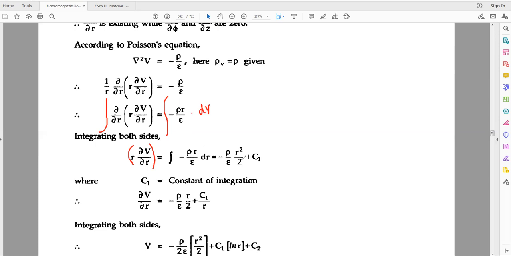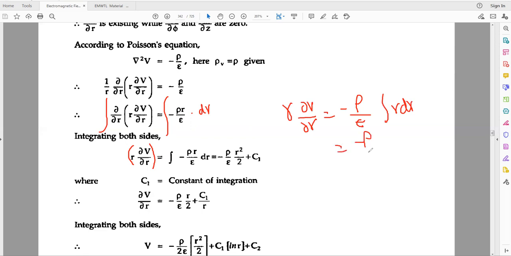The integral of R is R square by 2. So R dou V by dou R is equal to minus rho by epsilon naught, integral R into dr.